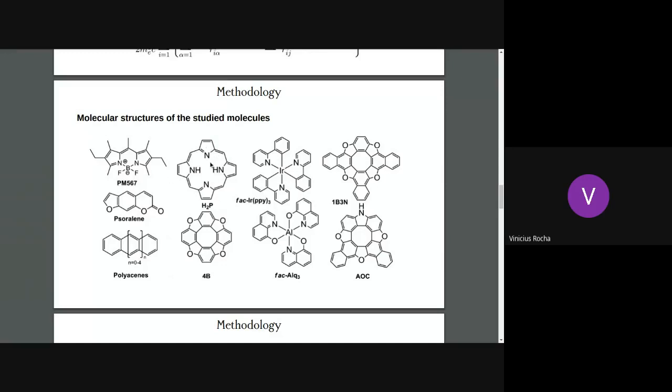The free-base porphyrin is still used for photodynamic therapy, and Alq3 and Ir(ppy)3 are often used in OLED devices.